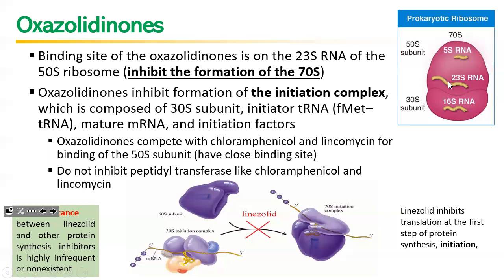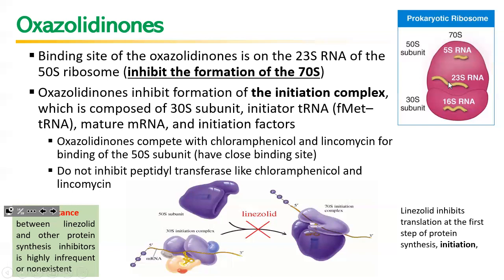We have different RNAs in this ribosome, like the 5S and the 23S, and in the 30S you have the 16S RNA. Specifically, linezolid will bind to the 23S, and that will also inhibit the ability of the 50S subunit to bind with the 30S subunit.